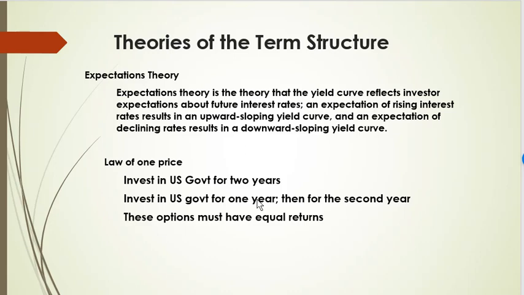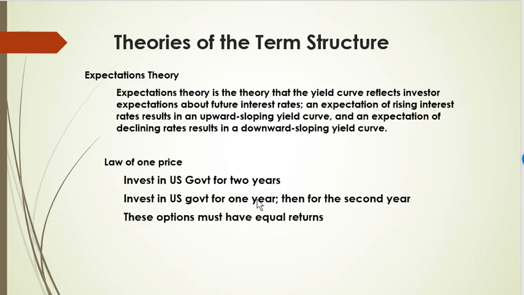So if we think interest rates are rising, you will see an upward sloping curve. If we think interest rates are falling, we would expect to see a downward sloping curve. And this whole theory is based on a finance theory referred to as the law of one price.